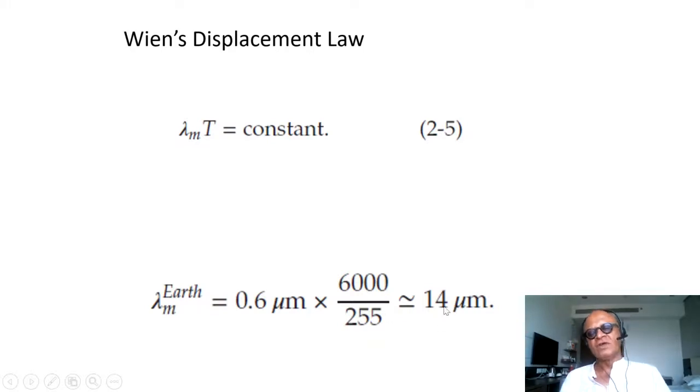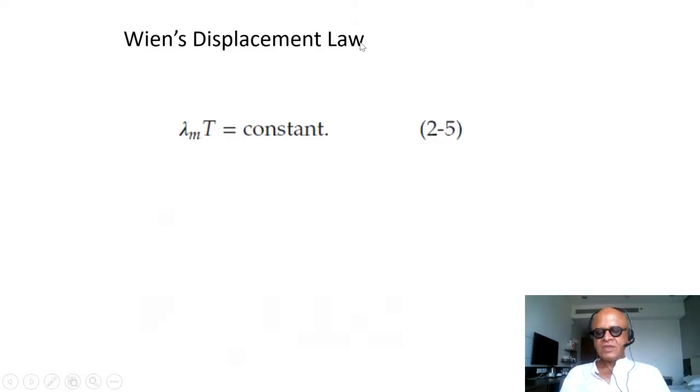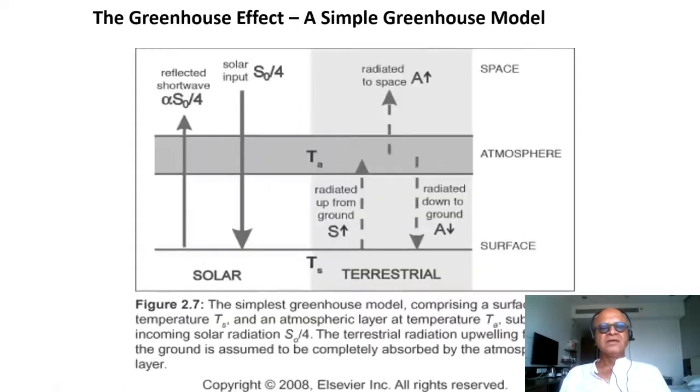Then you have a wavelength of 14 micrometers. I'm just running through those because this is simple stuff, and you can also see my other podcasts from the Ocean Atmosphere Dynamics course.